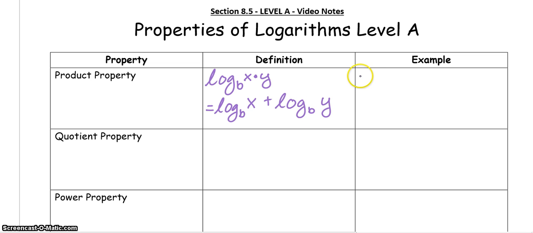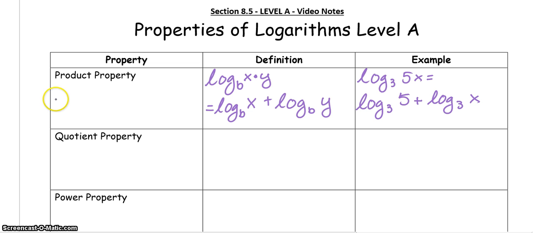So for example, if we had log base 3 of 5x, we can rewrite that as log base 3 of 5 plus log base 3 of x. So what's important to remember for the product property is that it becomes addition.